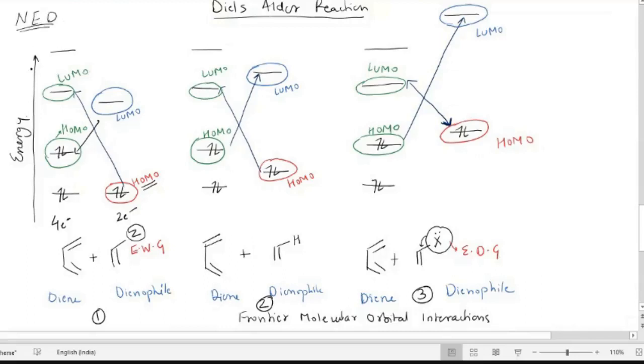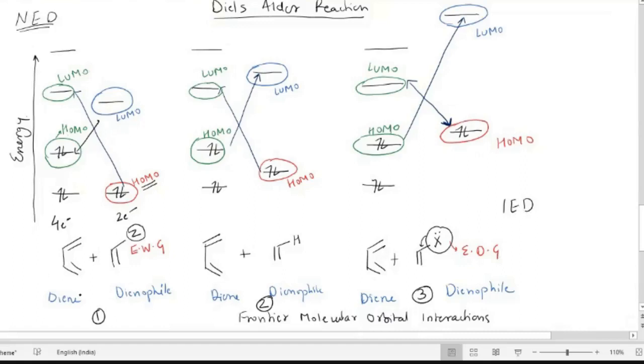And when dienophile is rich in electron and diene is electron poor, then that is called inverse electron demand Diels-Alder reaction. How it works? Now let us see.